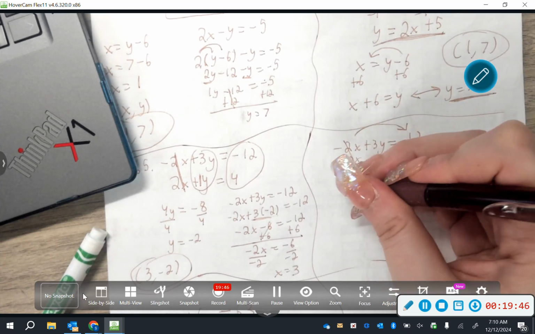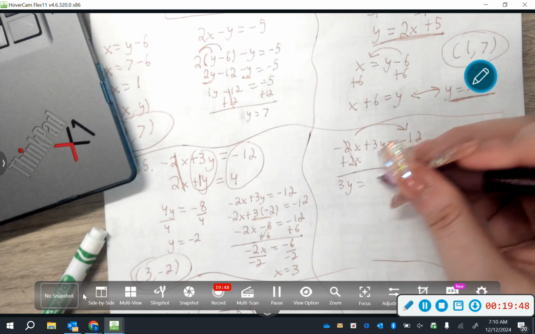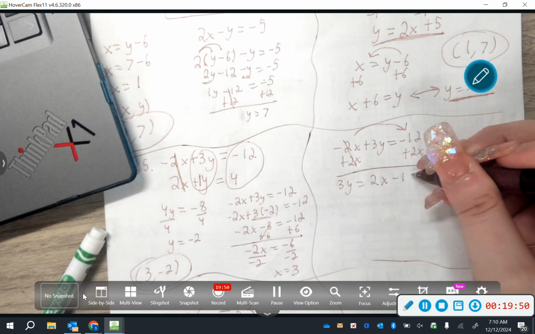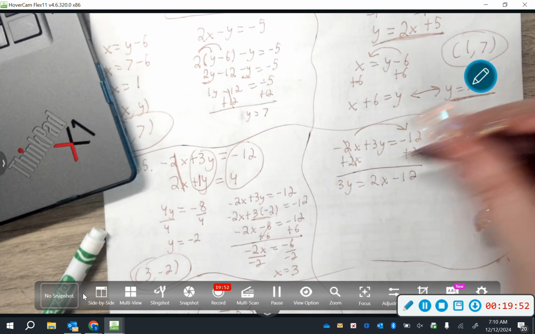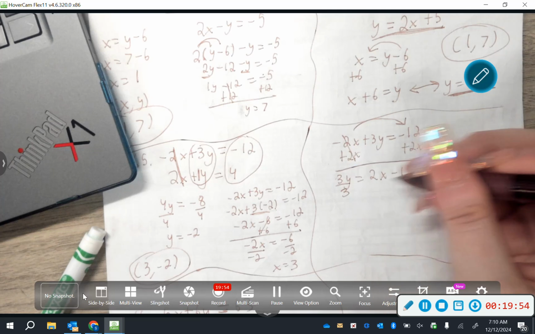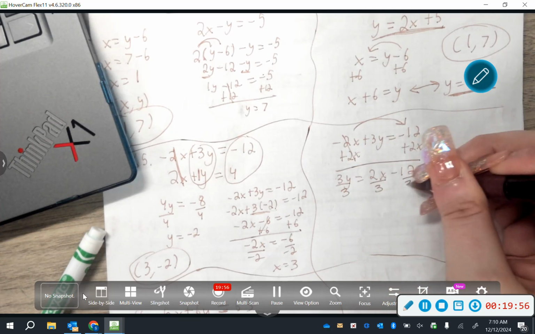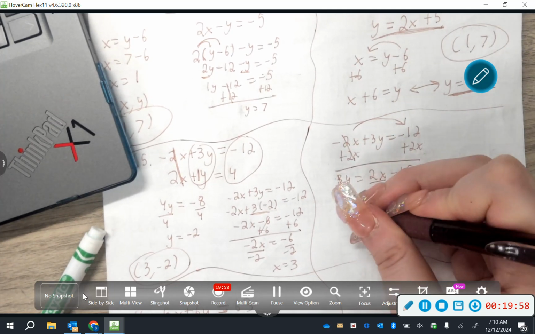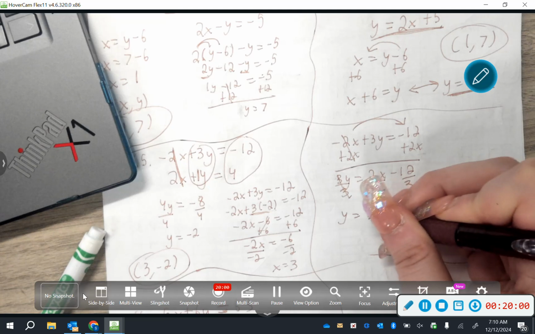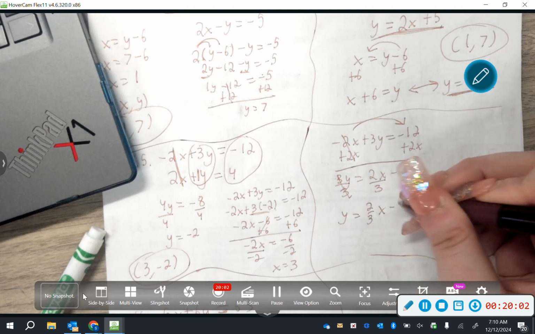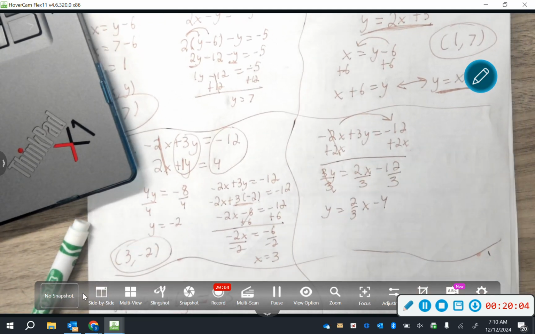So we get 3y equals 2x minus 12. I don't want 3y, so we divide everything by 3. So y equals 2/3 x minus 4. So there's one of them. You would plug it in.